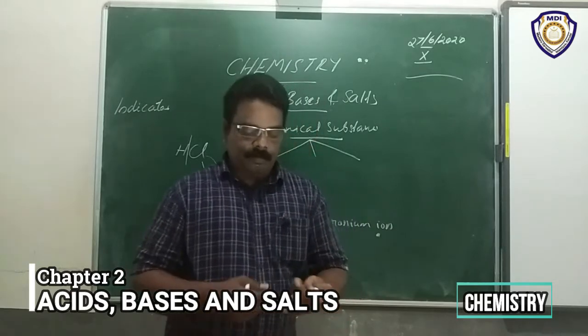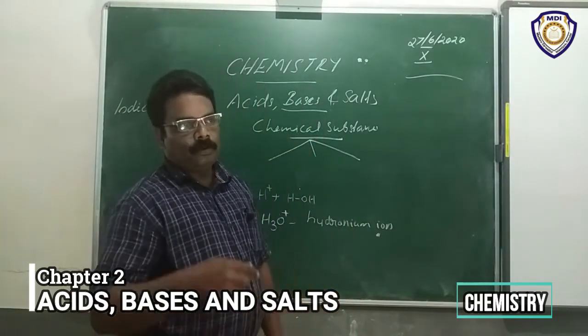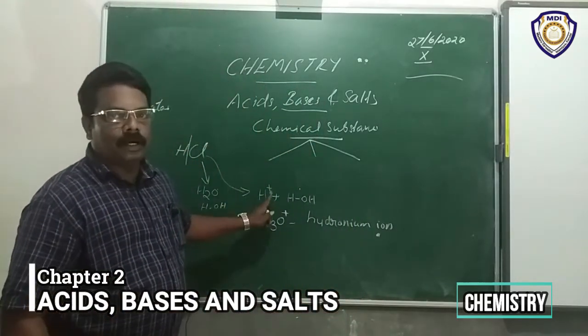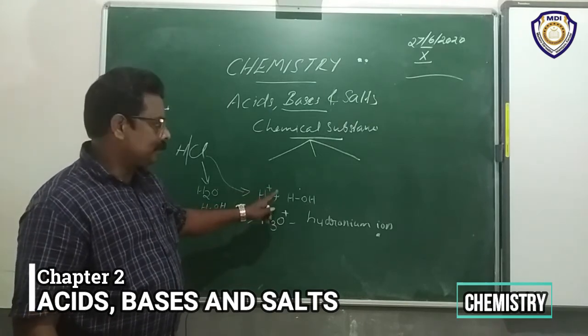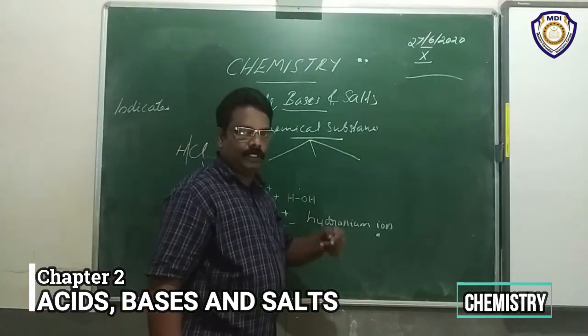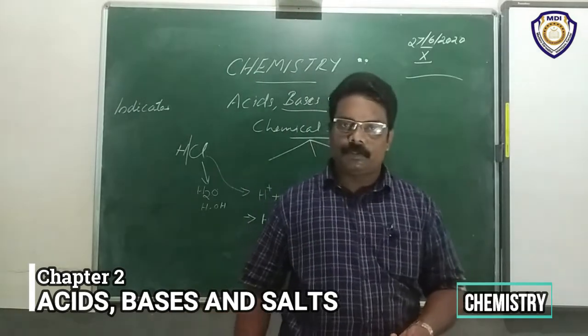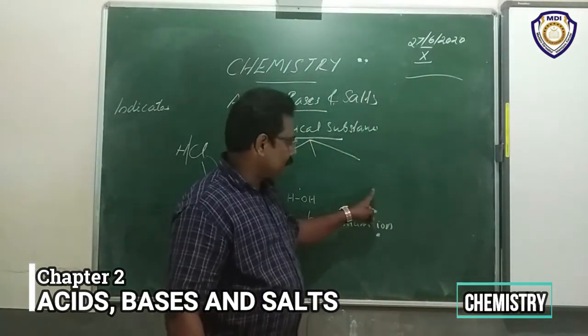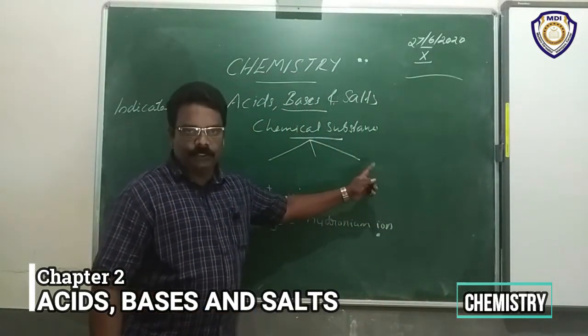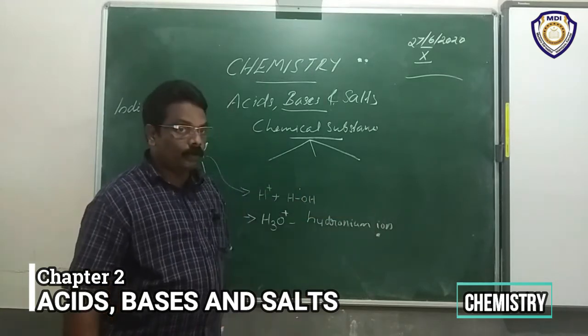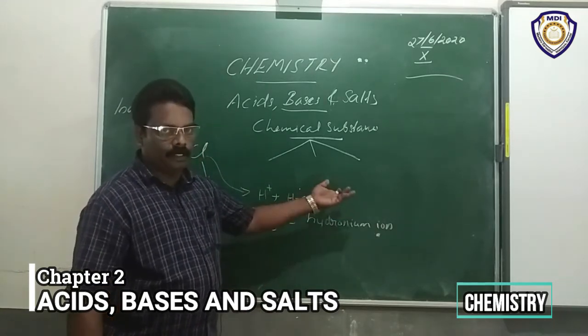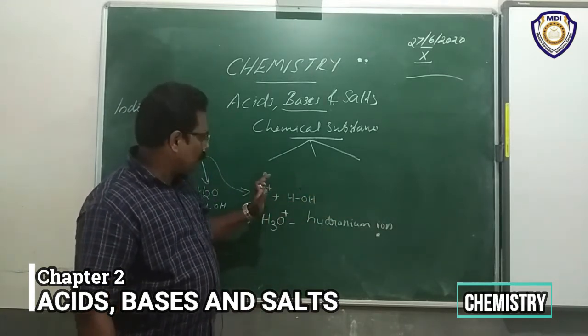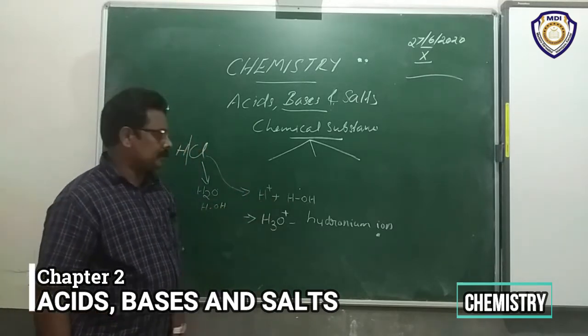An acid is a substance which can donate H plus ions. A base is a chemical substance which can donate hydroxide ions, OH minus. That's all about acids and bases.